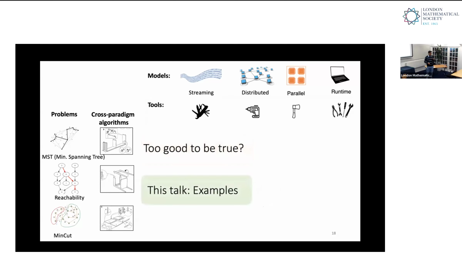And what I'm trying to do in this talk is to give you some examples on some very fundamental problems for which such an algorithm is possible.